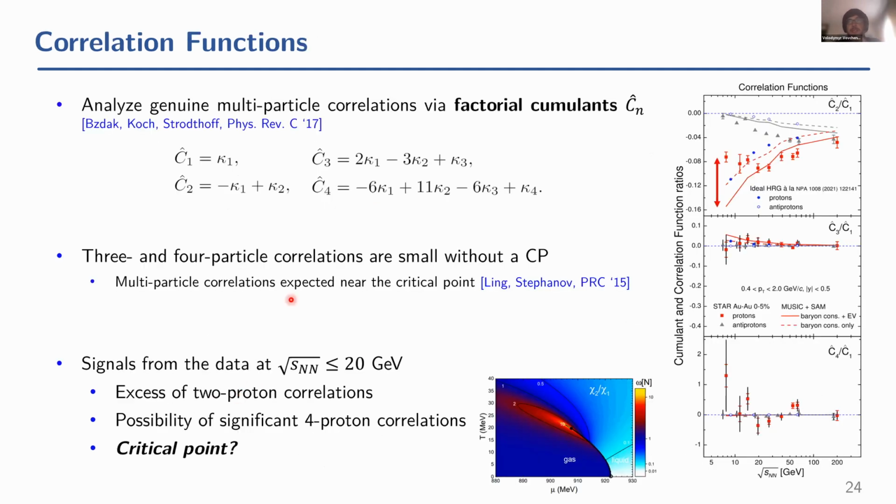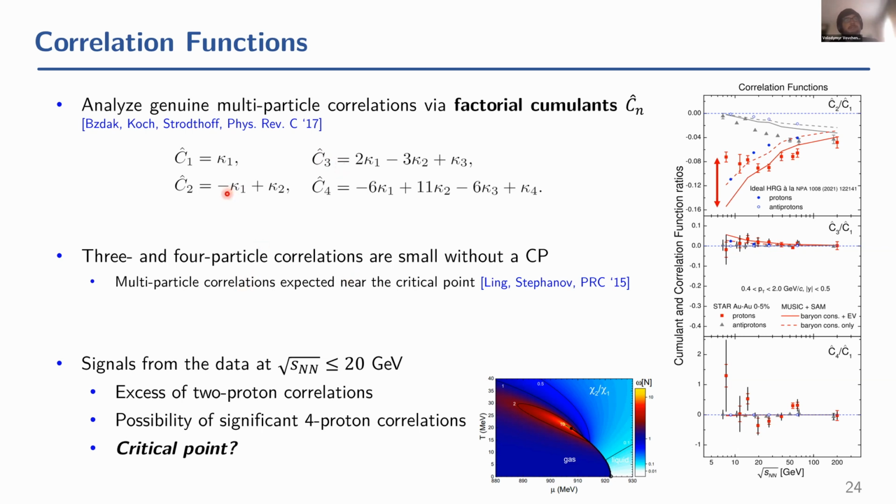One can look at this in a little more detail by considering, in addition to cumulants, the so-called factorial cumulants, which are a complementary way to look at the distribution. They are maybe more interesting because higher order factorial cumulants probe the presence of correlations in general, and in particular of multi-particle correlations.